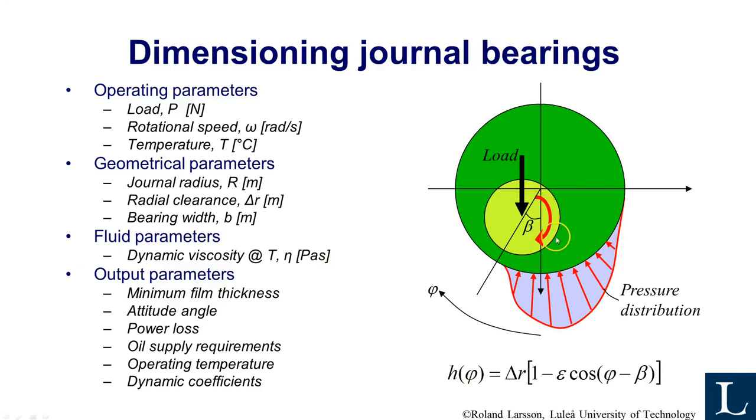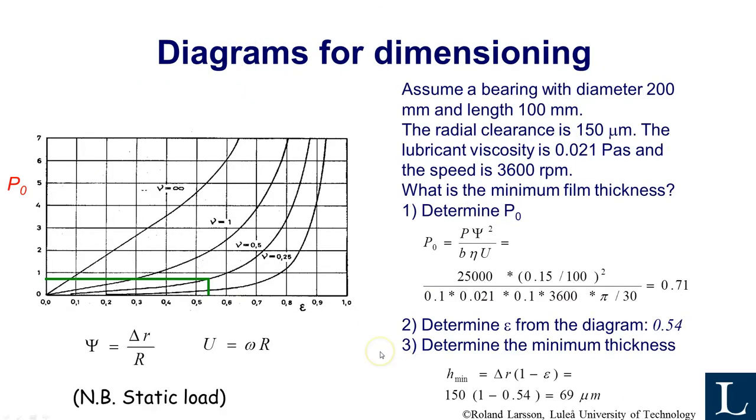When the journal rotates, the film is formed, and the film varies with the angle phi according to this equation. You may also remember that you can use design diagrams like this one, which are always non-dimensional to make them general for many bearing sizes.